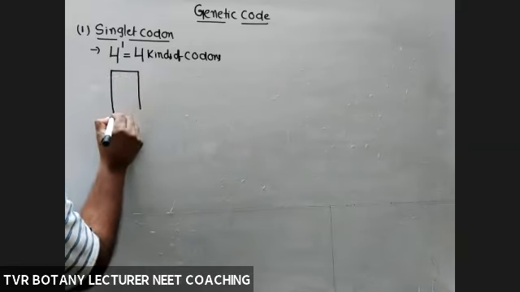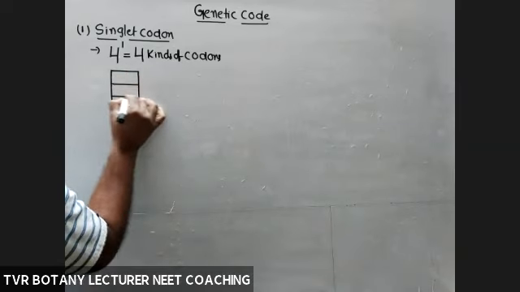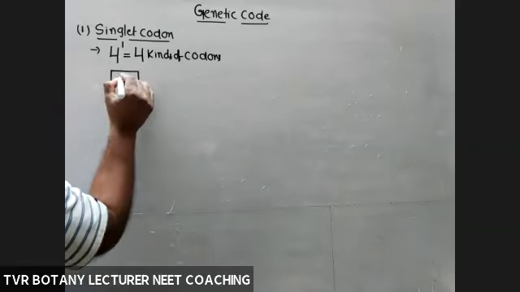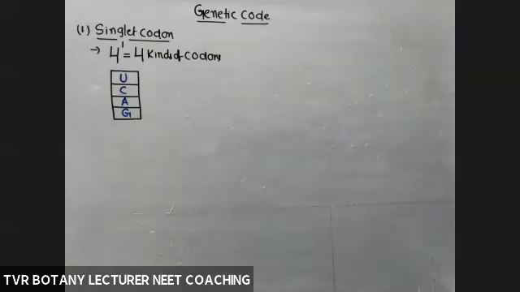For example, this is a square with 4 boxes representing 4 kinds of codons. What are they? U, C, A, G. U itself, one codon.